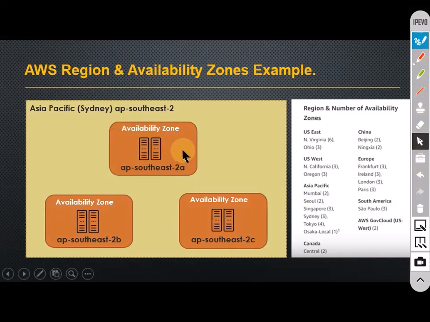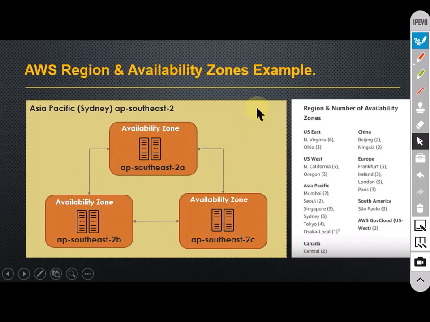In case one availability zone or one data center is down, we still have reachability to the other 2 availability zones. As you can see, 2A is connected with 2B, 2A is also connected with 2C, and 2B is also connected with 2C. So we have a fully redundant scenario over here.